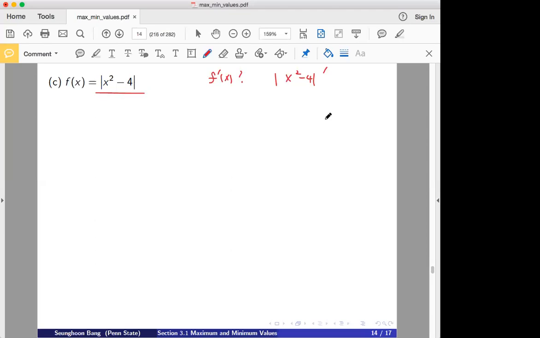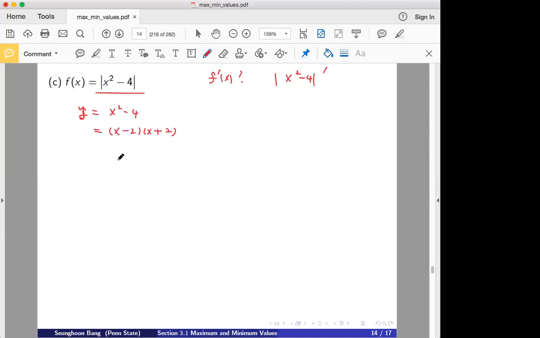So what's the main idea for critical numbers? You can draw the graph. Do you know the graph of this one? So I can explain it later.